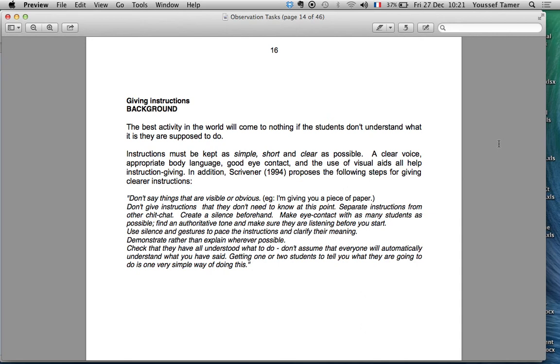Someone comments. So this is after the instructions. I'm talking about before instructions. Before you start, and even while you are giving instructions, you should know how to use eye contact. You have to look gentle when you're doing eye contact.